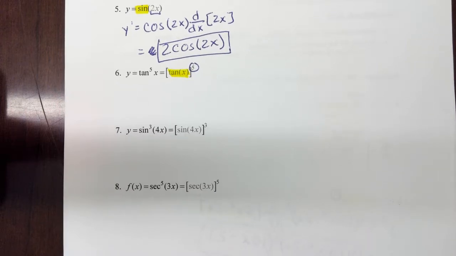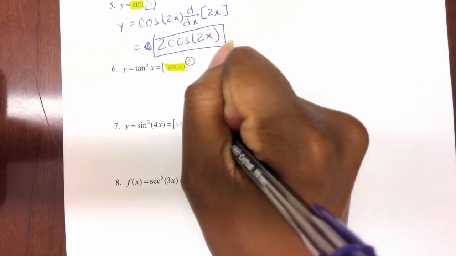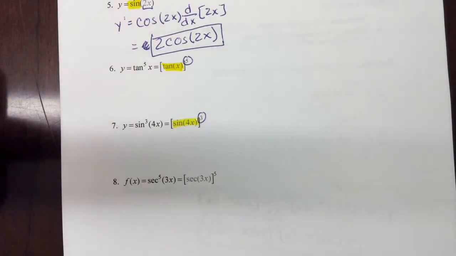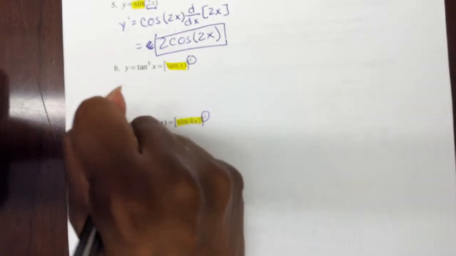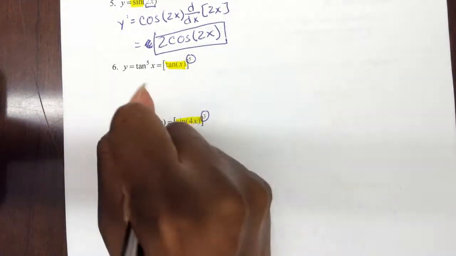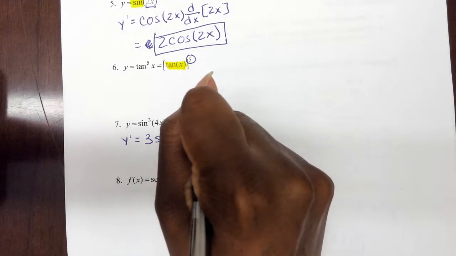And number 7. In number 7, we have 2 babies. So we have a mama and a baby. So let's do that part first. So y prime will be, bring down the 3, sine, keep the baby, and squared.